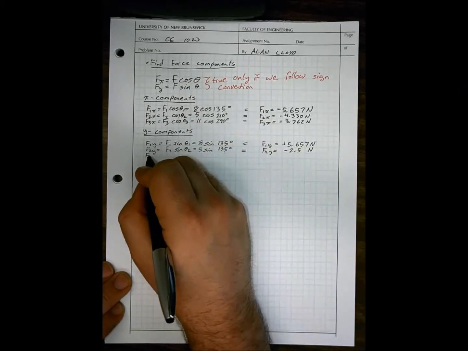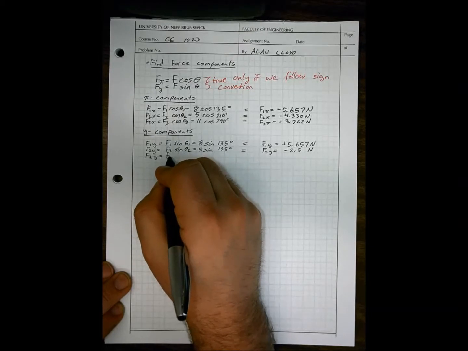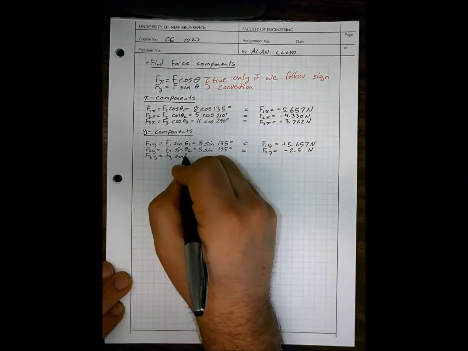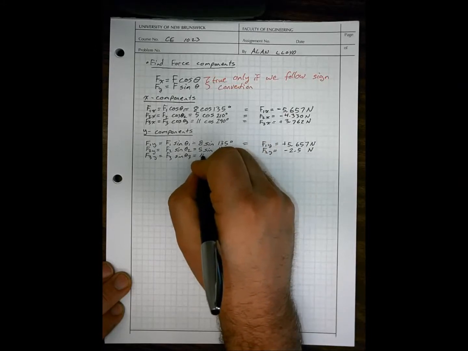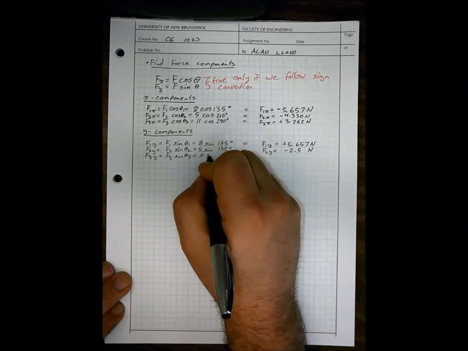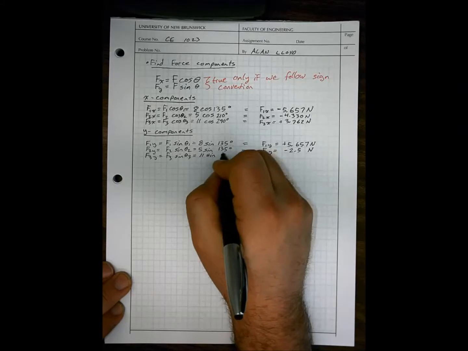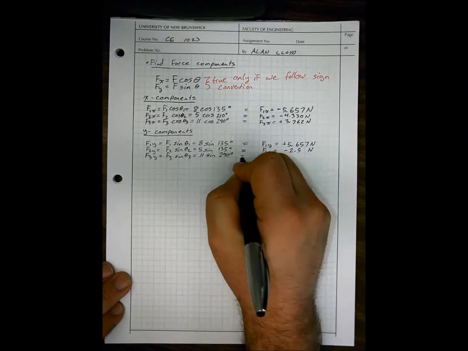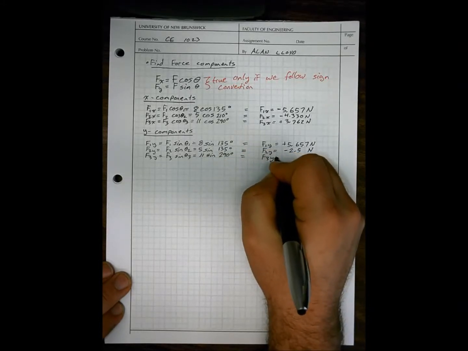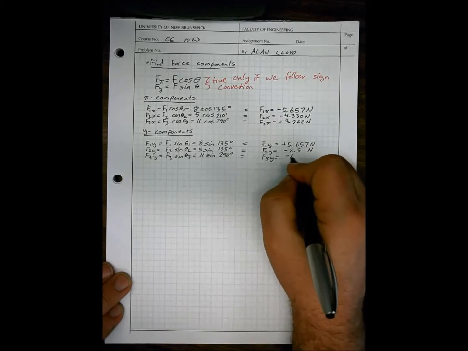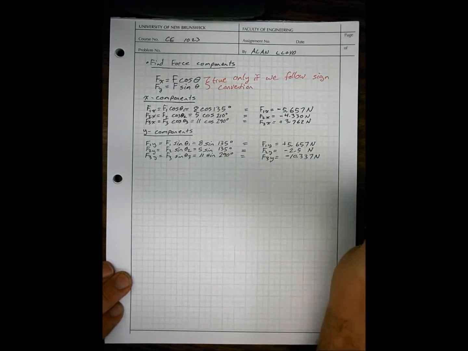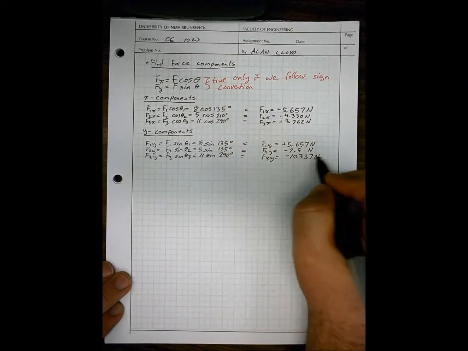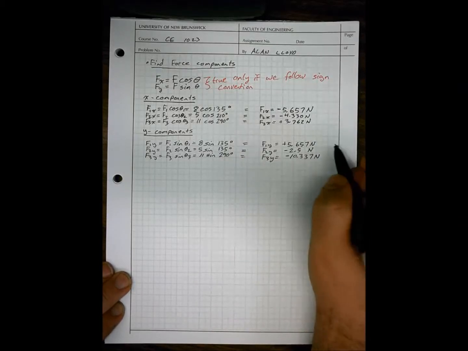And F3y is equal to F3 sine theta 3 is equal to 11 sine 290 degrees. And this has a value of minus 10.337 newtons. So let's check those. We have minus 10, minus 2.5, and plus 5.65.